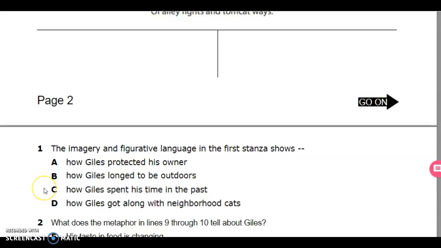C. How Giles spent his time in the past. That is definitely a better answer choice than B, so we can mark off B. Or D. How Giles got along with his neighborhood cats. Stanza 1 is not talking about the neighborhood cats, so our answer here would be C.